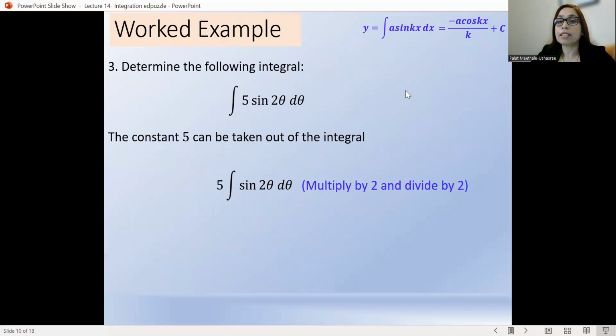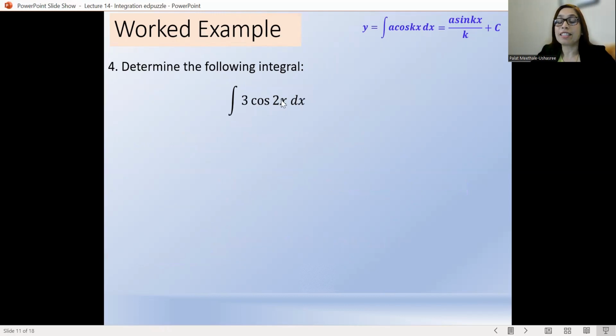So multiply by the coefficient of theta. You're integrating here with respect to theta. So it becomes 2 times phi sine 2 theta over 2. There you go. Why don't you differentiate this function and see whether you get the same function? Very good.